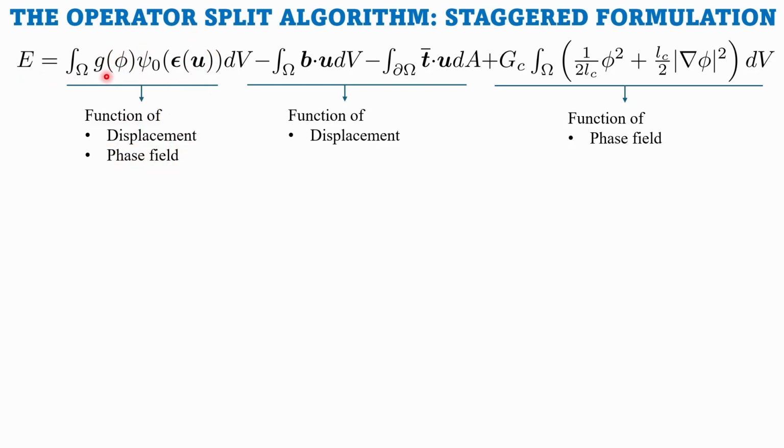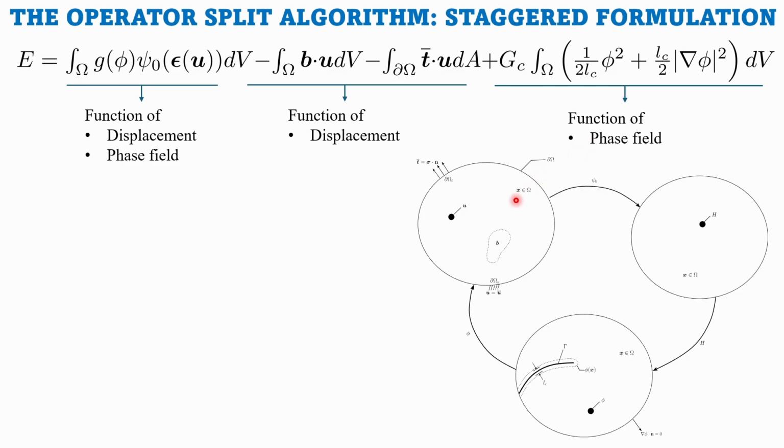Of course, g of phi is your degradation function, and psi 0 is the strain energy of the uncracked specimen. Next, b dot u and t bar dot u are the external work done, which is only a function of displacement. And the third term is essentially the fracture term, which is Gc multiplied by this crack surface energy density function, which is a function of only phase field.